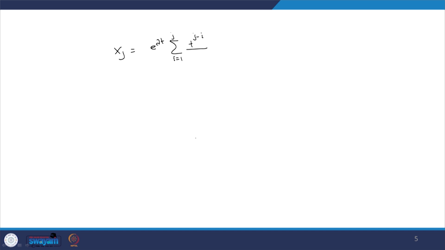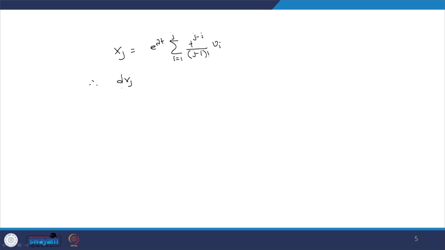So I have defined xj as e to the power lambda t summation i equal to 1 to j, t to the power j minus i by (j minus i) factorial into Vi.